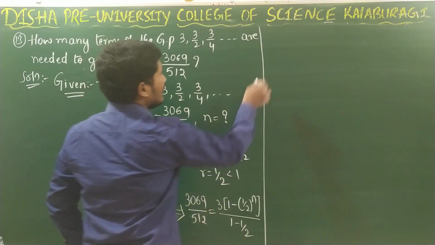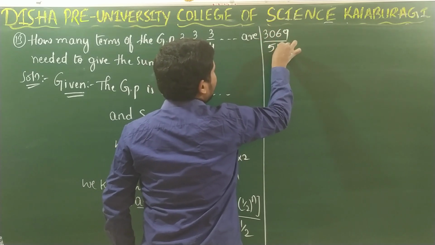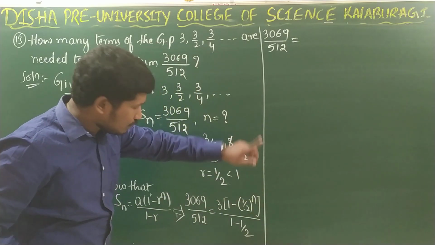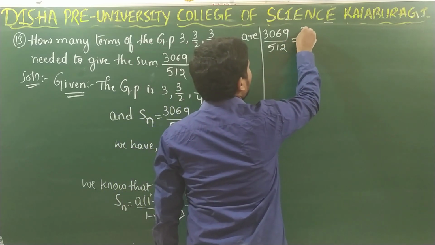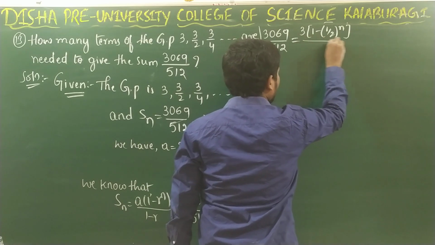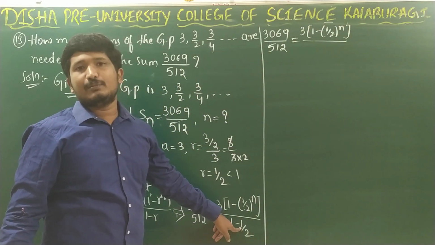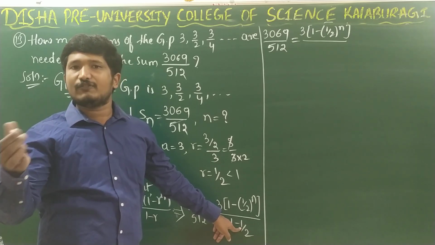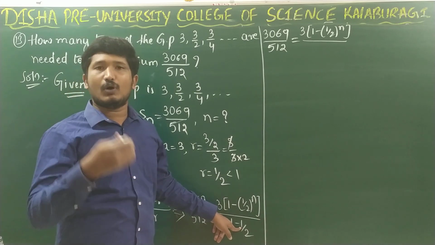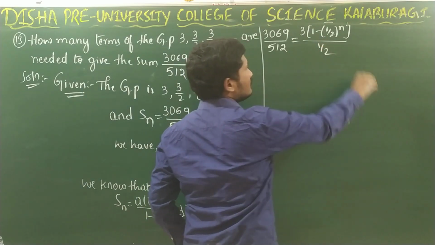The LHS is 3069 divided by 512 is equal to 3 into, let us write the numerator as it is first, 3 into 1 minus 1 by 2 whole power n, whole divided by 1 minus 1 by 2. What is the meaning of this? You are subtracting half from 1. So when you remove half from 1, what will you be left with? You will be left with half again. So 1 minus 1 by 2 is 1 by 2.